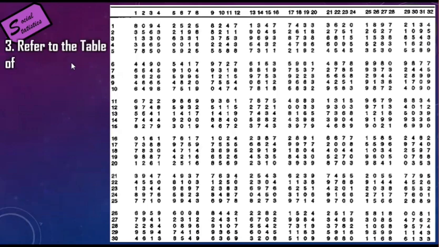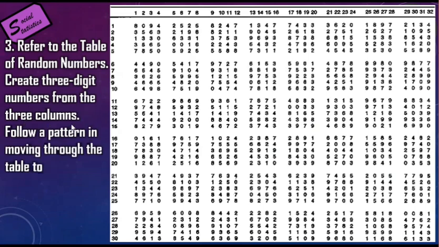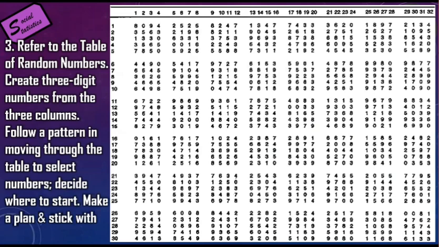Now, third, refer to the table of random numbers. Create 3-digit numbers from the 3 columns because you need 3 columns, right? Follow a pattern in moving through the table to select numbers. Decide where to start. So you follow a pattern like going downwards or going upwards.